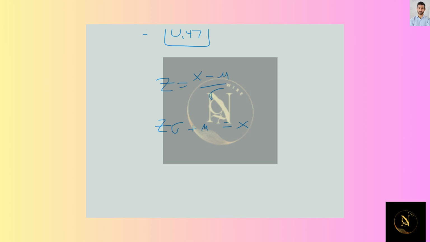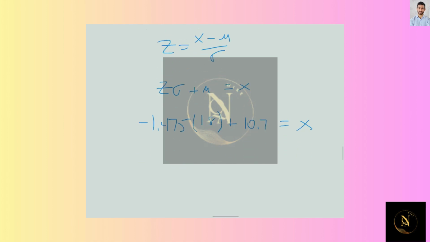And now a z-score for 0.07, the 7th percentile, from the table is about negative 1.475, times the standard deviation of 18%, plus the mean of 10.7.